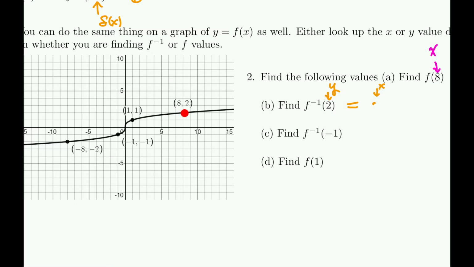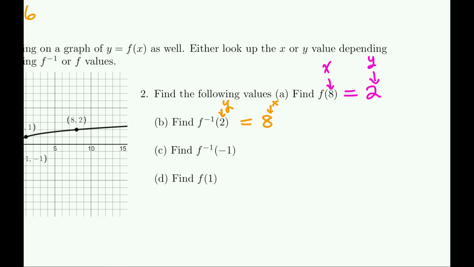Of course, it's the same point. So f inverse of 2 is actually 8. So these are the same pieces of information, actually. When you say f of 8 equals 2, it means the same thing as f inverse of 2 is 8. It's still the 8 and the 2 that go together, right? X equals 8, y equals 2.